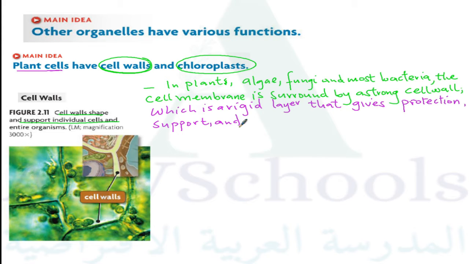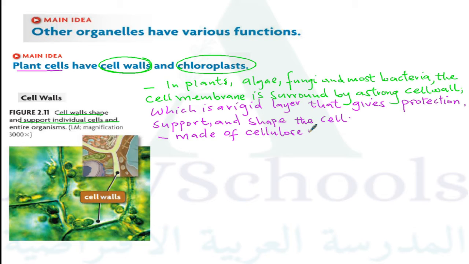And as earlier stated, it gives shape to the cell. So very essential is this rigid material, normally made of cellulose, which is a tough carbohydrate structure.